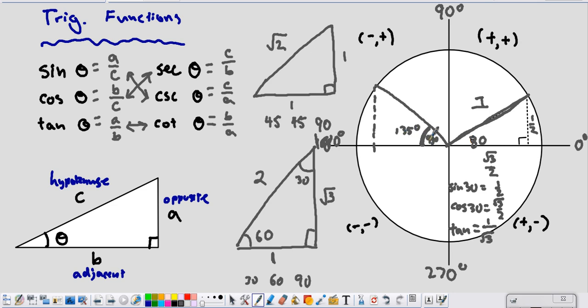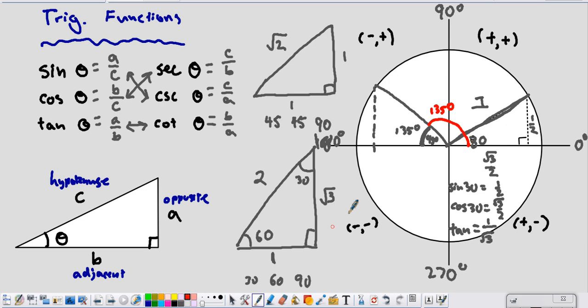So if I have a 45-degree angle here, and I can find the cosine of this triangle right here, it's essentially the same as trying to find the cosine of 135 degrees.